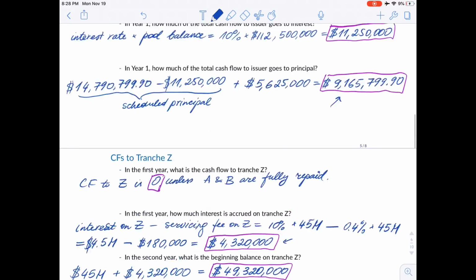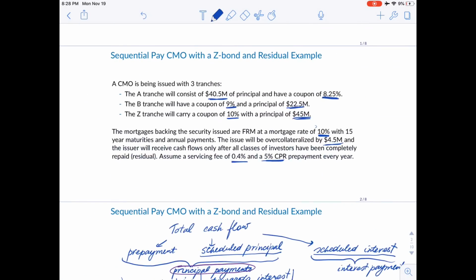If we go back to the beginning of the problem, you see that the borrowers of these mortgages paid 10% in interest for their loans. However, each of these tranches received sometimes less than 10%. So A received 8.25 and then B received 9%. So there's going to be some extra interest remaining, and that's going to go towards the residual.